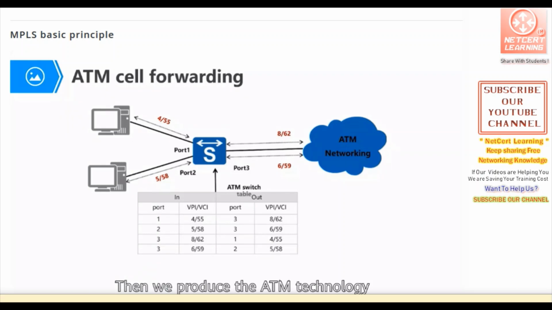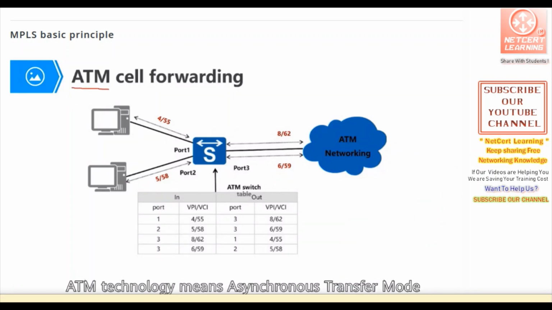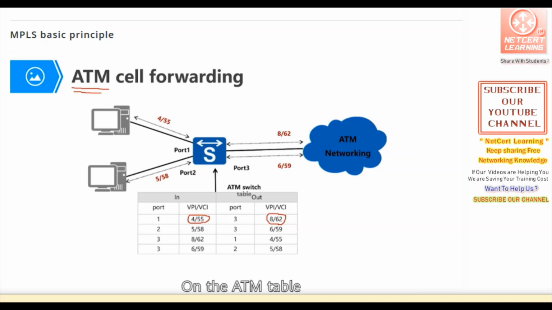Then we produced ATM technology, which means Asynchronous Transfer Mode. In the ATM table, we don't need to care about all the destination networks, because packets may want to go to different destinations.